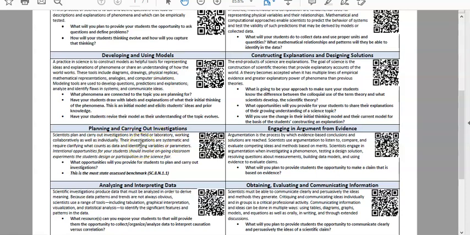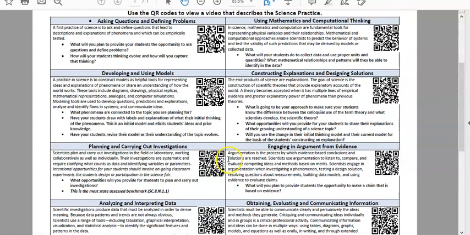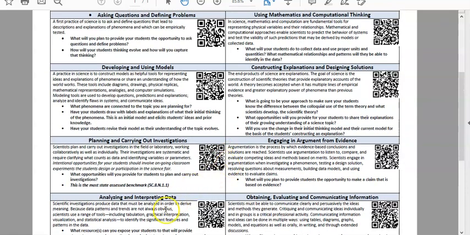And then ultimately they may be analyzing data because of this investigation, or using some mathematics and computational thinking. When they ultimately have some information, they can construct explanations of the phenomenon, or they can make a claim based on their evidence and their data to provide support for a claim, so they engage in an argument from evidence.